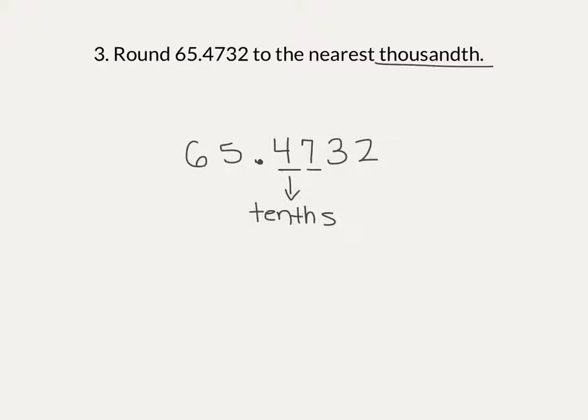The 7 is in the hundredths place. And the 3 is in the thousandths place, which is what we're trying to identify.